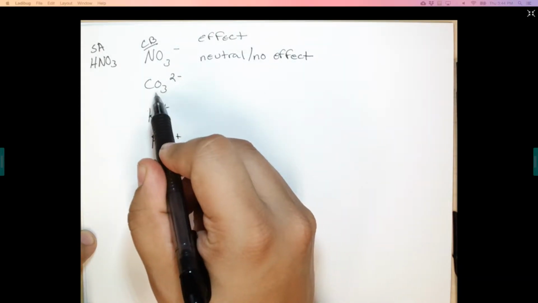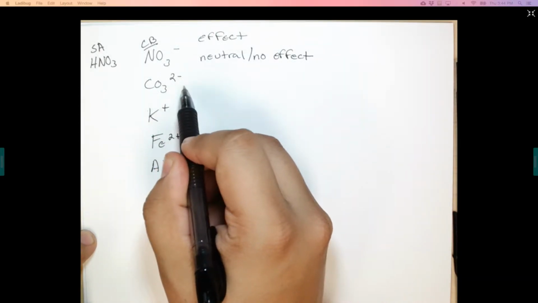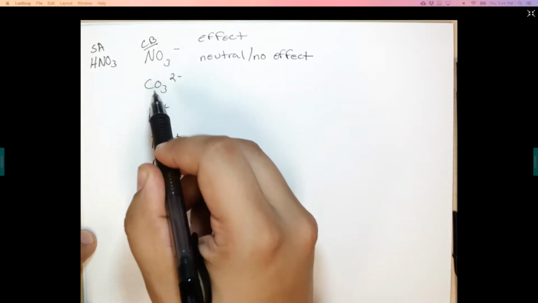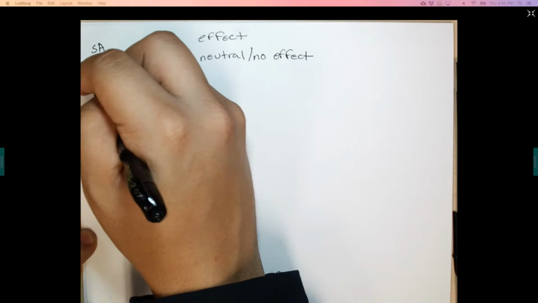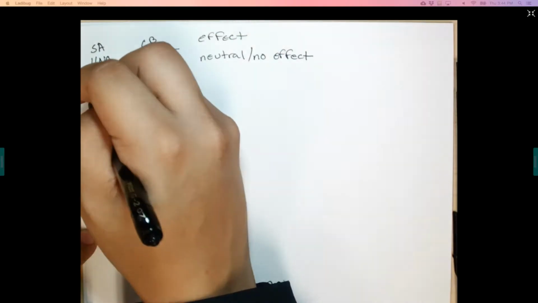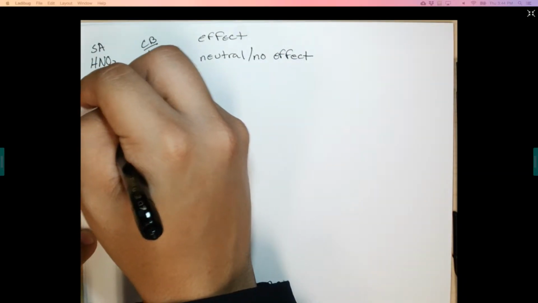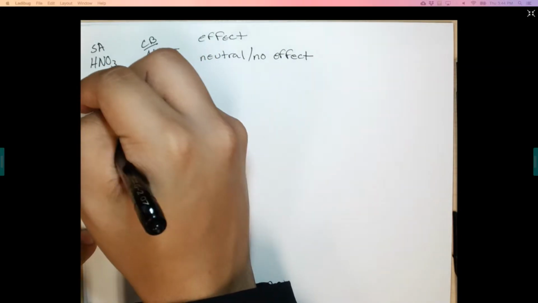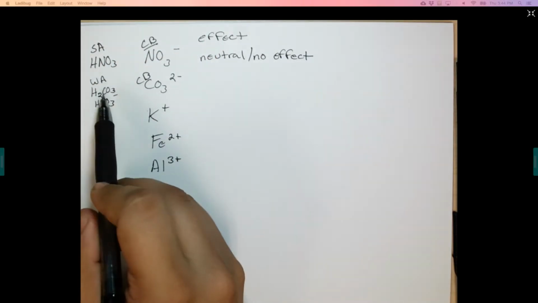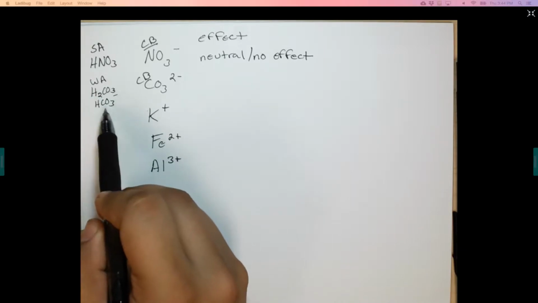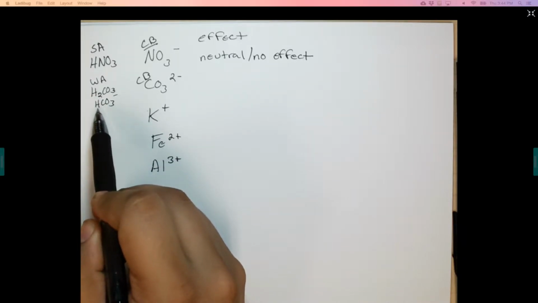Carbonate, so CO3 2 minus. If we think about this, this is the conjugate base of a weak acid, a weak polyprotic acid. So we have carbonic acid and bicarbonate, which is 2 acids, so you lose 1 proton, and then you can lose the second one.